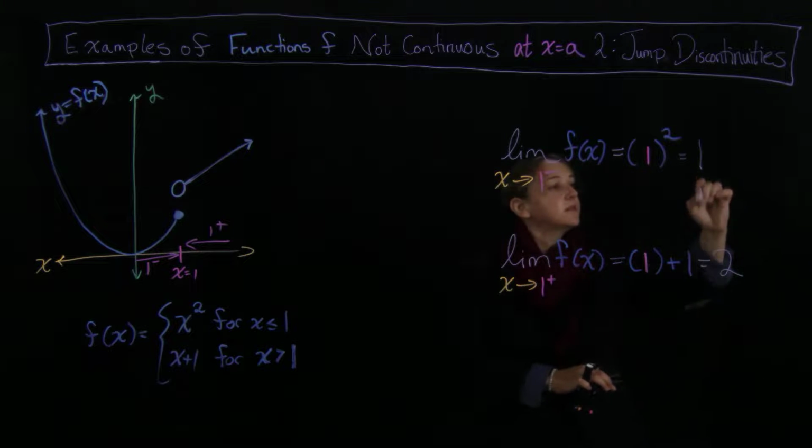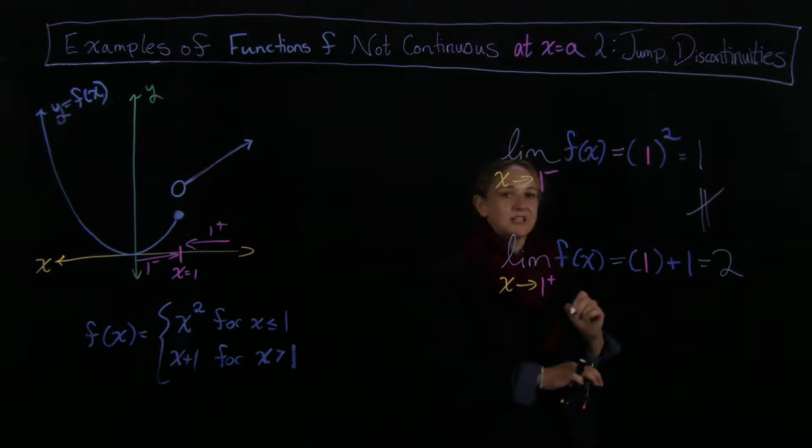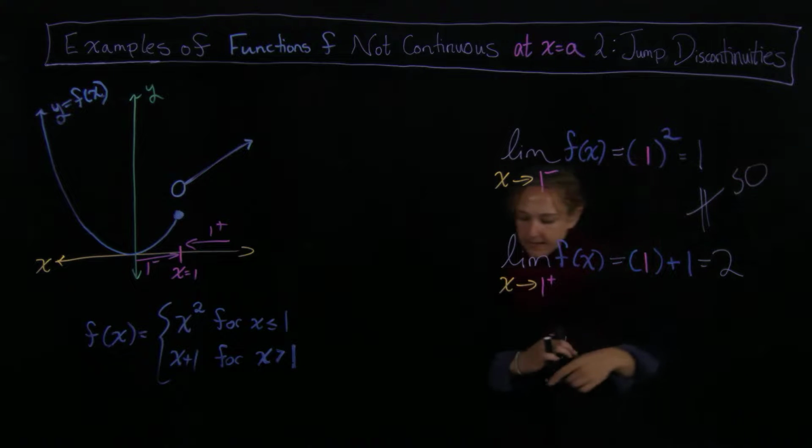But these are not actually equal. So this tells me that f is not continuous at this value x equals 1.